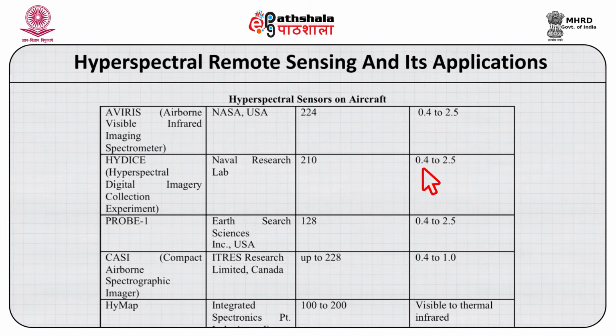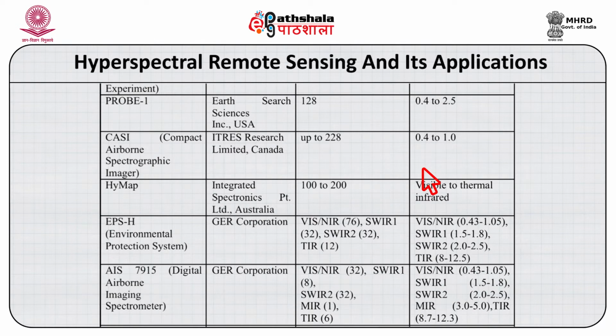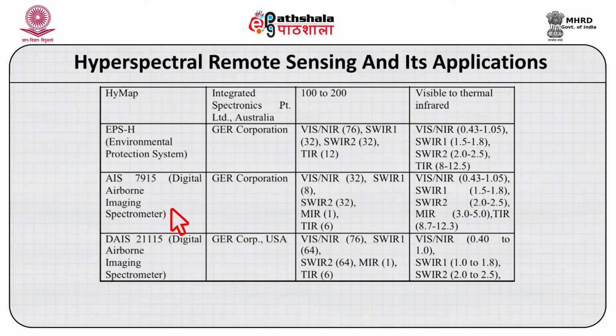And if you see at the bottom of this table, the last, that is the Airborne Imaging Spectrometer, it has a spectral region from 0.43 to 1, further very narrow, and the number of bands is up to 288.